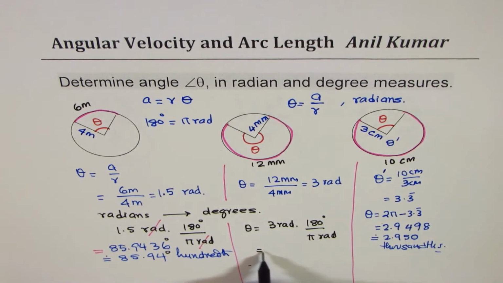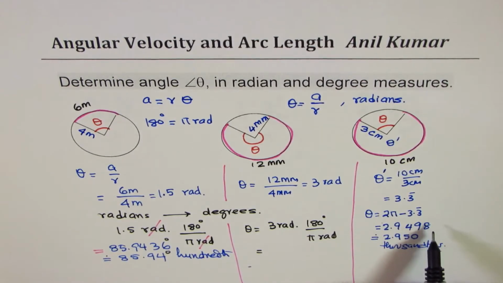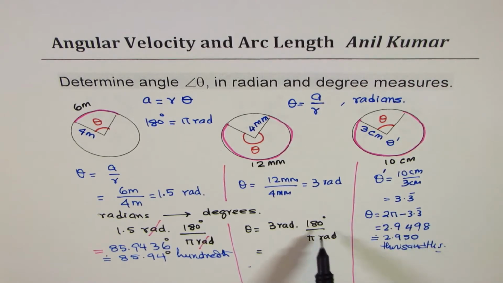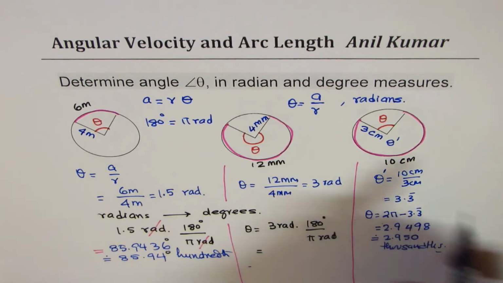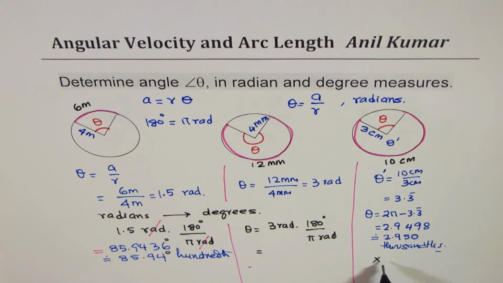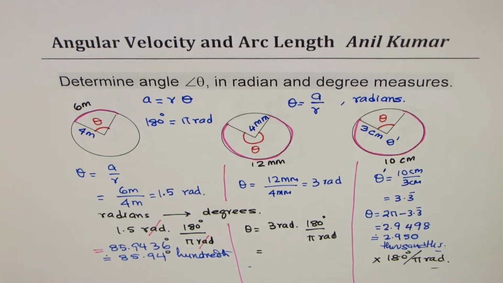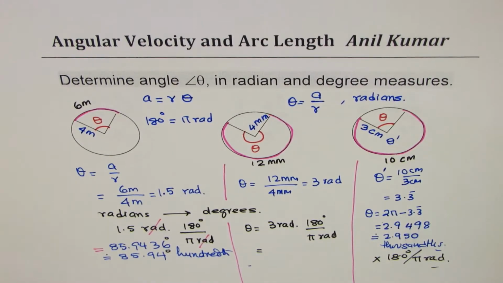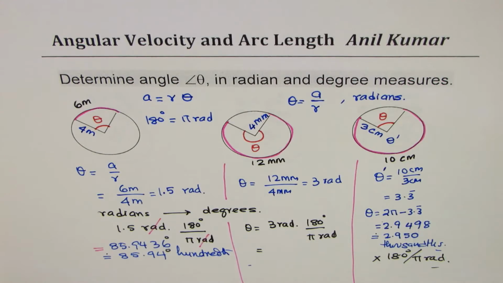Use a calculator, figure it out. Similarly, do this one, right? You multiply by 180 degrees and divide by pi to get your answer. Perfect, so that is the conversion factor. In each case, you multiply the radians by 180 degrees and divide by pi radians to get the answer. I'd like you to find the answers for parts B and C.